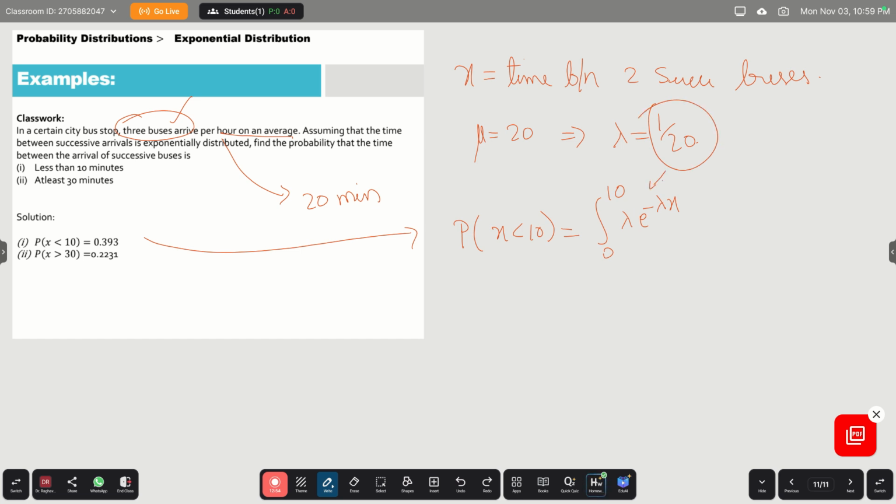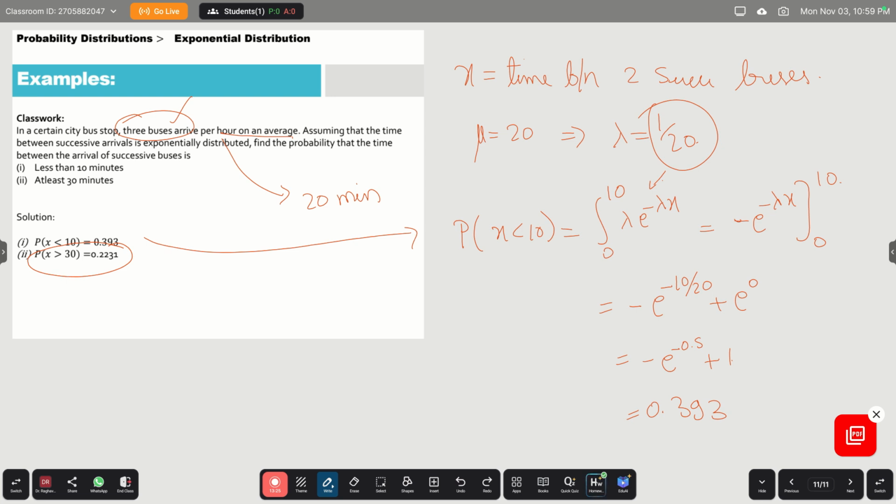After integration you will get minus e power minus lambda x from 0 to 10, which is minus e power minus 10 into lambda, where lambda is 1 by 20, plus e power 0. That is minus e power minus 1 by 2, which is 0.5, plus e power 0 is 1. So that will give you the value 0.393.